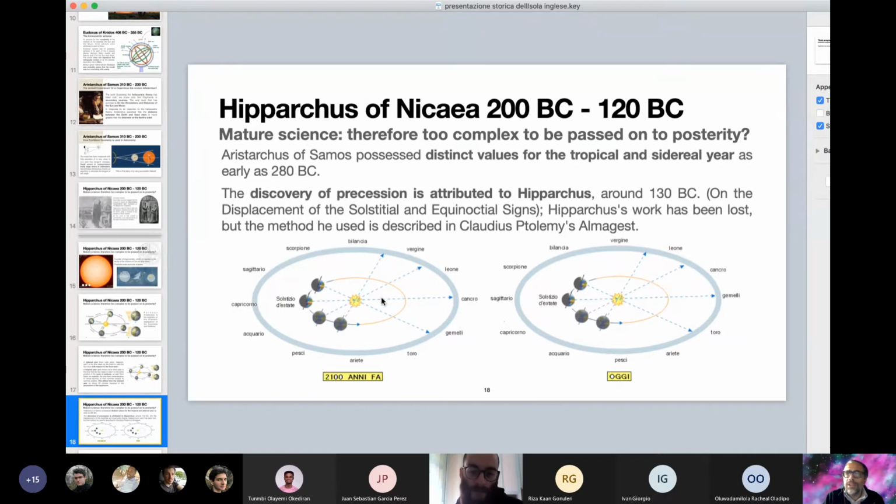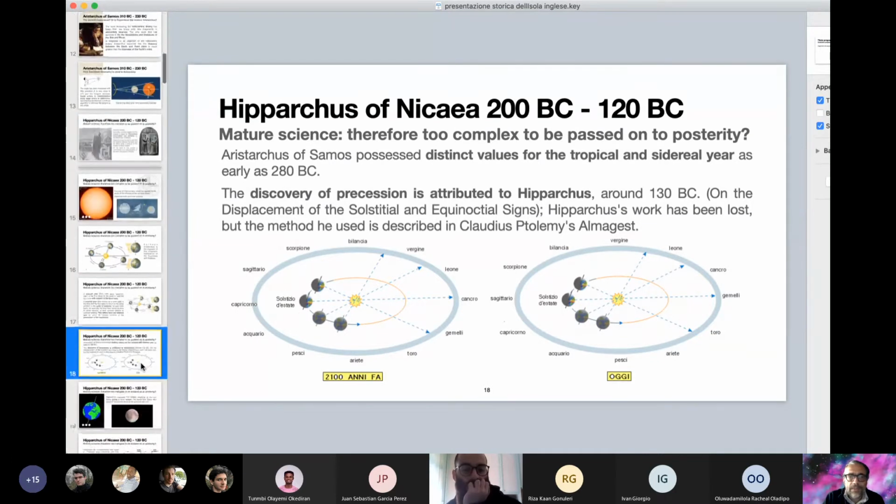Okay. He claims that the rotation axis of the Earth around itself is changing its orientation in time, so that this axis is slowly changing its orientation with respect to the fixed stars.